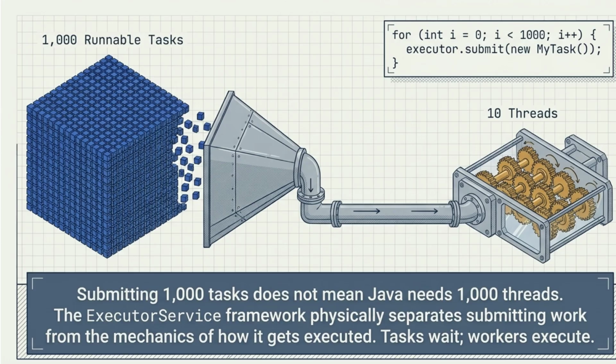Yeah. And so the Java Executor framework steps in to solve this exact problem by decoupling the act of submitting work from the actual execution of that work. It imposes boundaries. Okay, I want to use an analogy here to make this relatable. Think of a really busy restaurant kitchen. I love food analogies. Let's go. Right. So the incoming customer orders are your tasks, and the cooks in the kitchen are your threads.